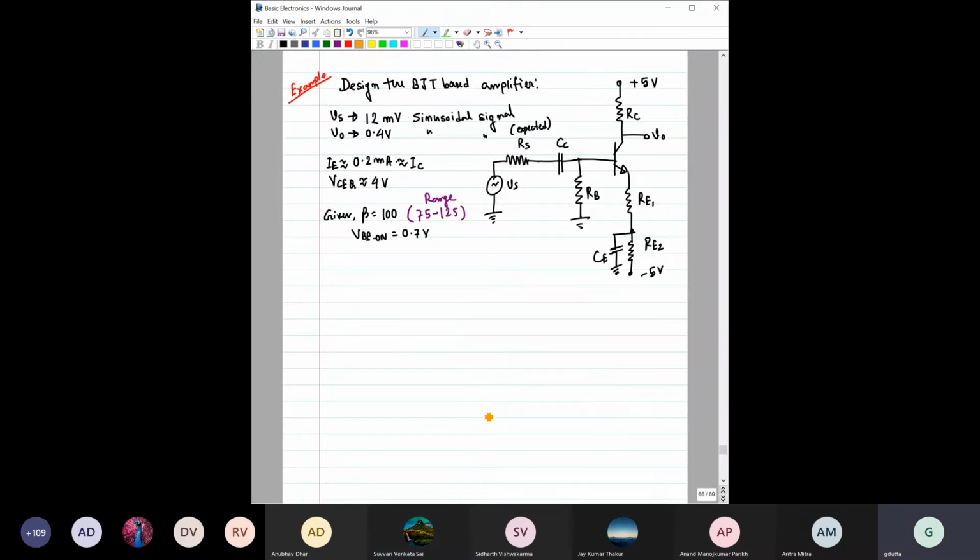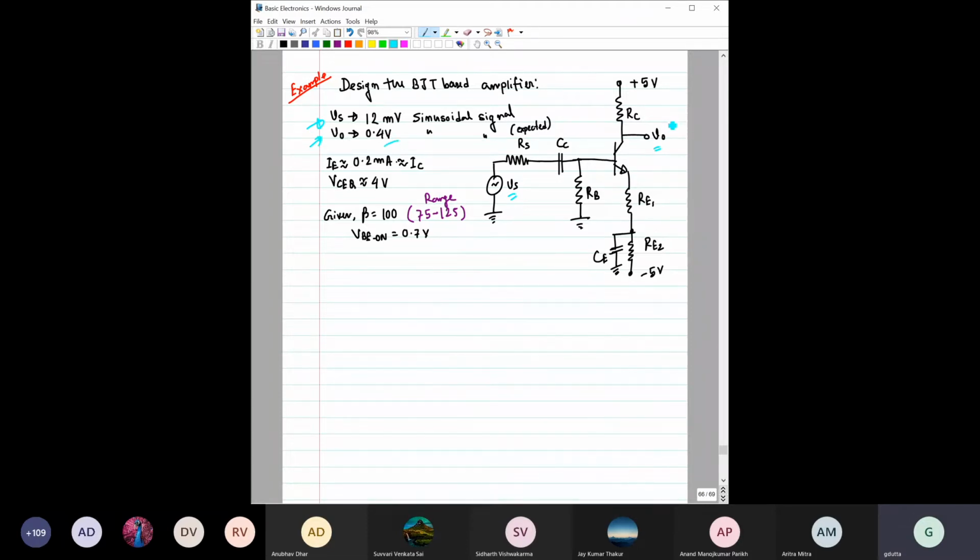So if it is clear, I think that was not difficult. Let us do one quick example. Suppose you have to design one BJT amplifier whose expected structure, this circuit diagram, is given here. It is given that this VS, the input signal, is in the range of 12 millivolt, which is a sinusoidal signal, and at this output we are expecting a sinusoidal output with an amplitude of 0.4 volt.